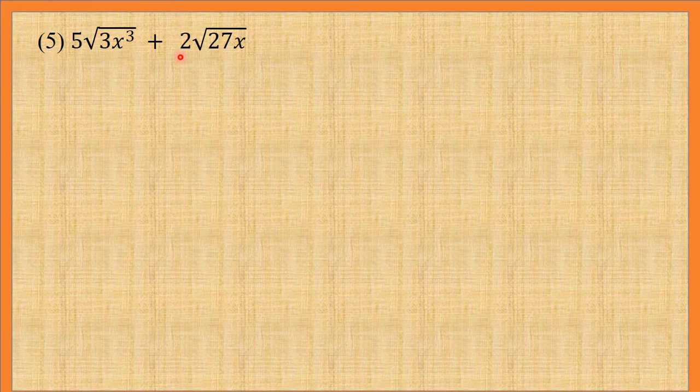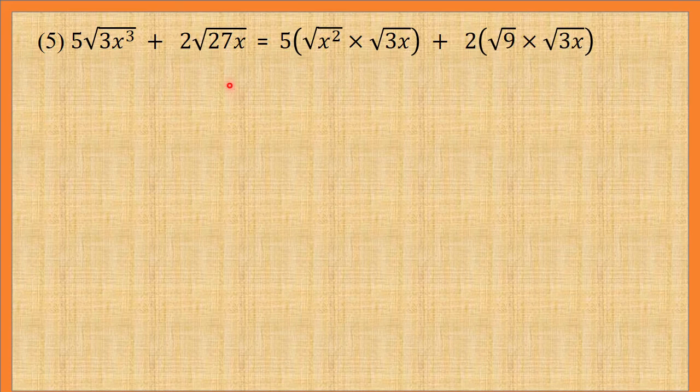So we are going to simplify such that the radicand will be 3x. So this will now be equal to 5 root of x squared multiplied by root of 3x.